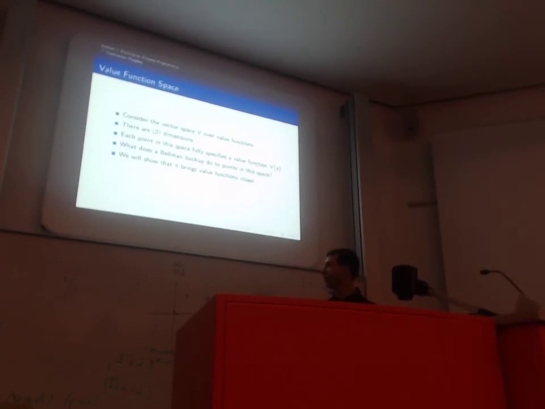That's called a contraction: you have some operator and apply it to two different things. We could have started with this value function or this value function. What we're going to show is that if you apply the Bellman equation to both of these, you end up at points that are closer together. And once we've got that property, everything else just falls out.